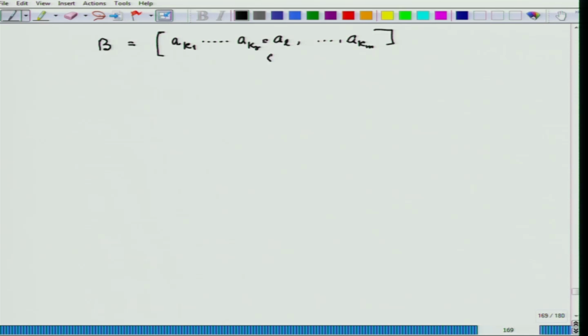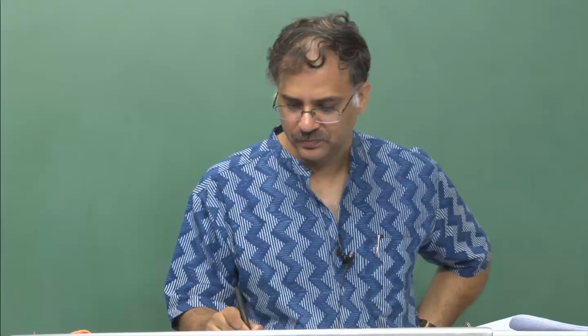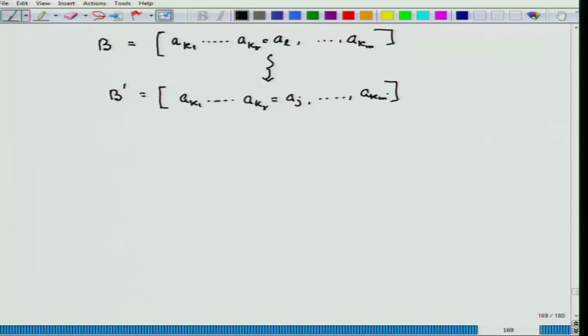Now, we make the change to the new one. So, it is AK1 and in the Rth position the jth column of the original matrix now takes up the Rth position of the basis matrix. So, I am changing one particular position of the basis matrix with some other column from the original matrix. Similarly, having done this change, you can do the corresponding changes. You have CB, with m number of columns we are bothered about, because it is an m cross m matrix.